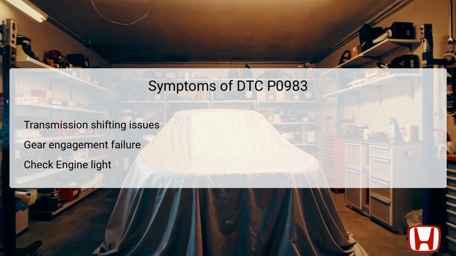Drivers may also notice a persistent check engine light on the dashboard, indicating that the vehicle's onboard diagnostics have detected an anomaly. Additionally, the vehicle may enter a failsafe or limp mode, which limits performance to prevent further damage until the issue is resolved. Recognizing these symptoms quickly can prevent larger transmission issues down the line and improve overall vehicle safety.